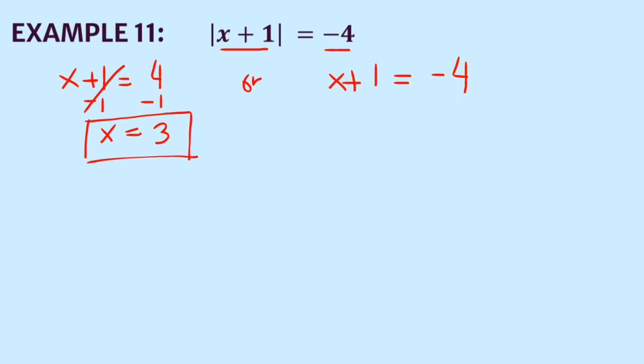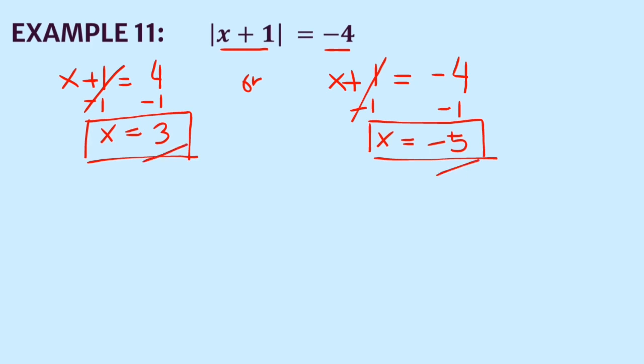Now, for the second statement, we have to eliminate 1 also. And this will be cancelled out and we're left with x is equal to, what is negative 4 minus 1? It is negative 5.